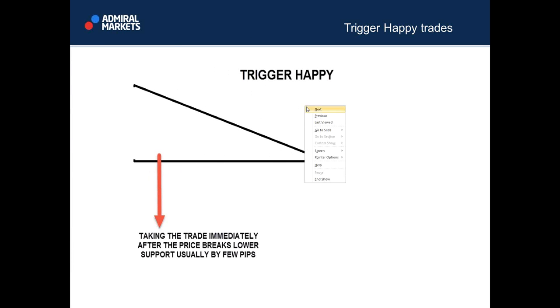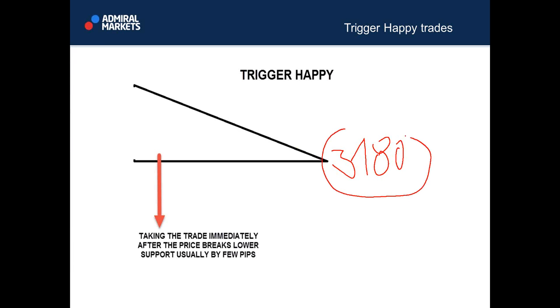So you're basically trading the price in this case. So let's say this is 31.80. It's the same on 5 minute, okay? It's the same on 1 hour. 31.80 is the same on 1 hour and on 5 minute. It doesn't matter.